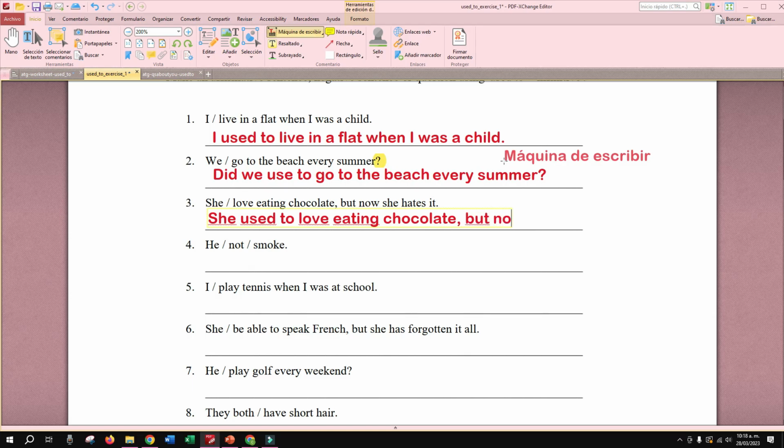We can say that, but now she hates it. She used to love eating chocolate, but now she hates it.